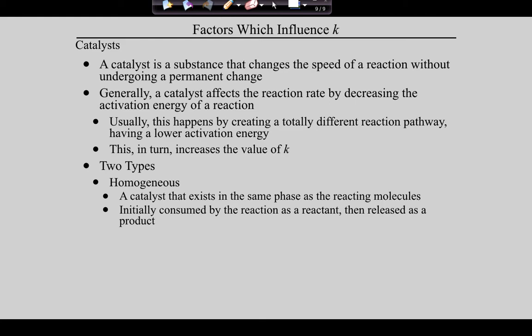And you're going, wait a second. It says up there, nothing happens to them. It's reproduced as a product. So it goes in as a reactant and comes out as a product, and the net change is zero. It's not a spectator.